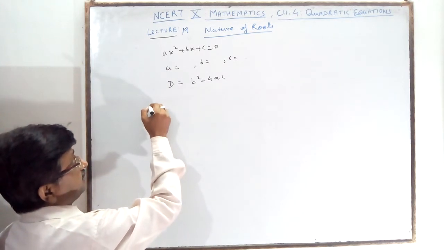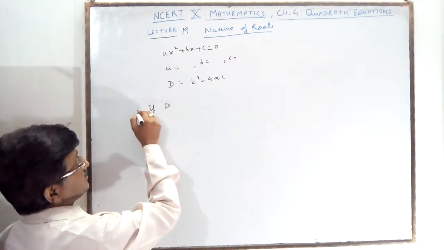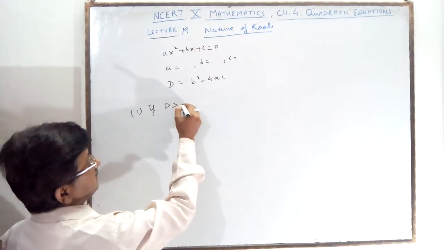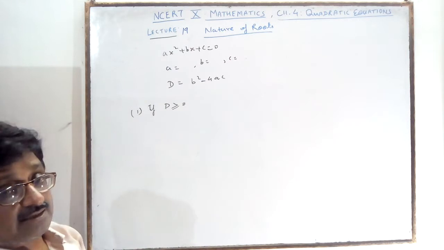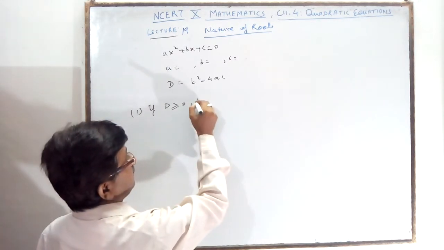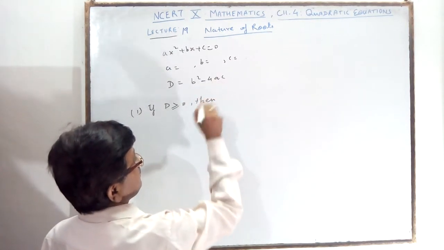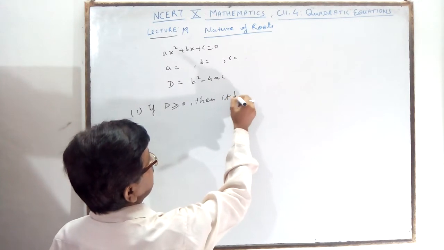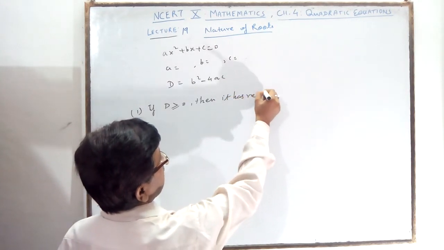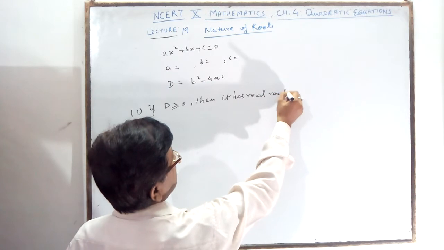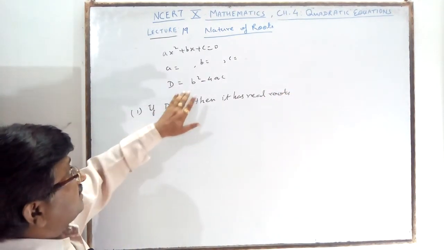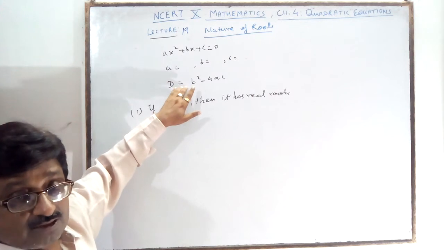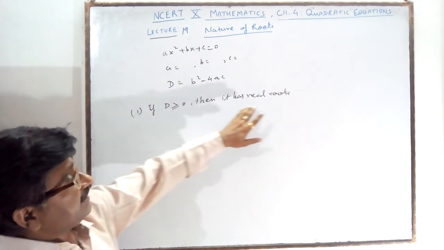If d is greater than or equal to 0, if the discriminant is greater than or equal to 0, then, as I have told you previously, it has real roots. For real roots, if your question is what type of root, you will calculate d. If d is giving more than 0 or equal to 0, then you will write it has real roots.